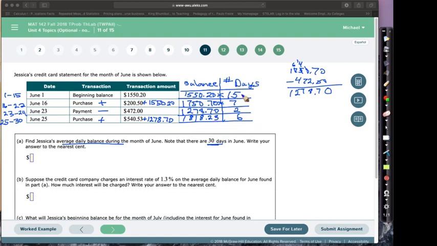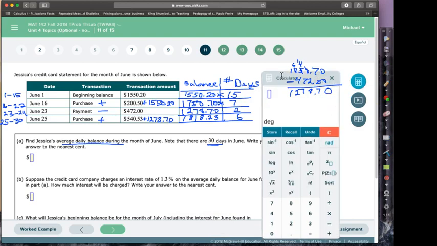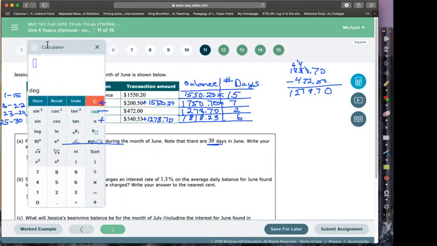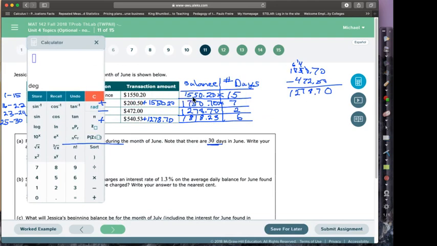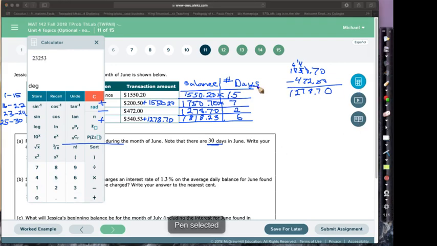So now what we can do is we multiply each of these. Definitely going to pull a calculator out for that. It's a little bit of a mess, but we'll take 1550.20 times 15 days gives a total over here.